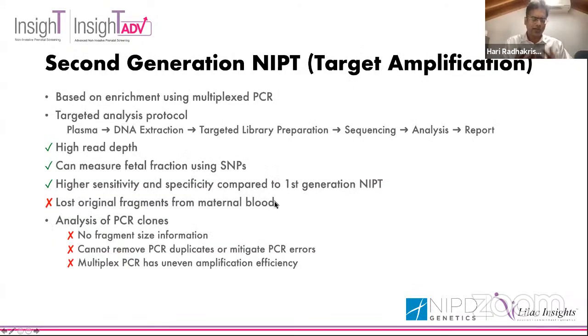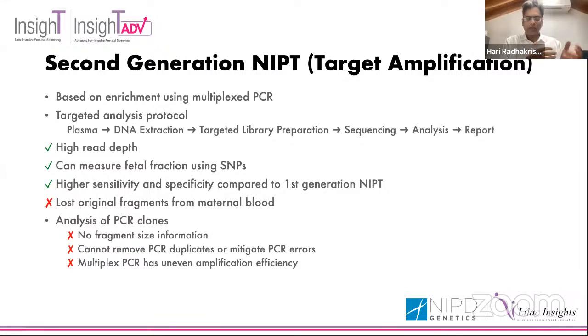To address this issue of lower sensitivity and specificity came the second generation of non-invasive prenatal tests, in about 2013 or so. Instead of looking at all the chromosomes, we are primarily interested in the 21st, 13, and 18 chromosomes, and to a certain extent, the XY chromosomes. So we focus all our sequencing efforts and energy on only those chromosomes.